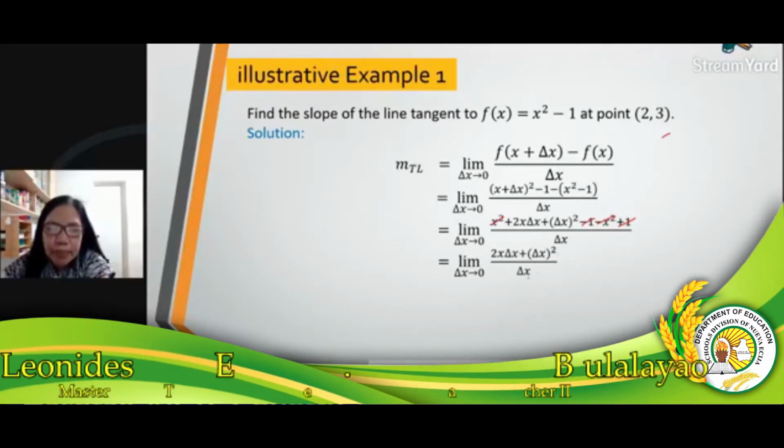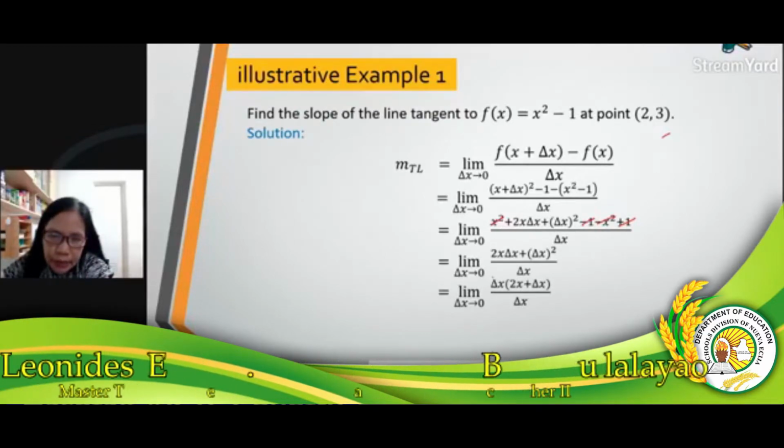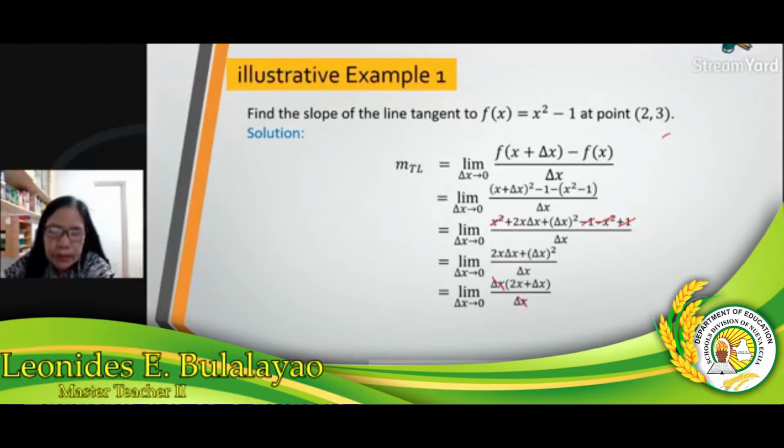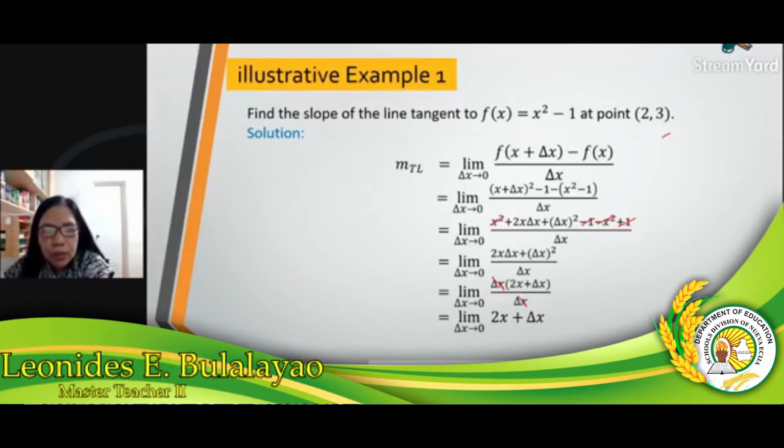And then if we factor out delta x here, we have 2x plus delta x, over delta x. So we can cancel this delta x over delta x. So what will happen is the slope of the tangent line is the limit of 2x plus delta x as delta x approaches 0.